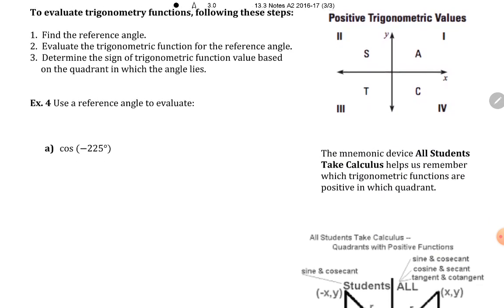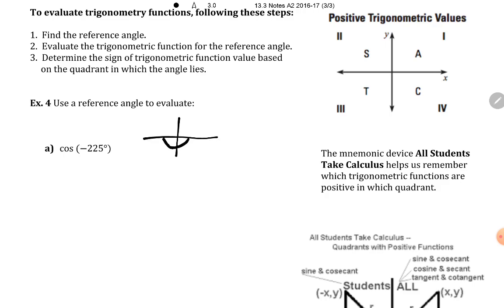Use a reference angle to evaluate cosine of negative 225 degrees. Let's do a quick sketch. We're going back.